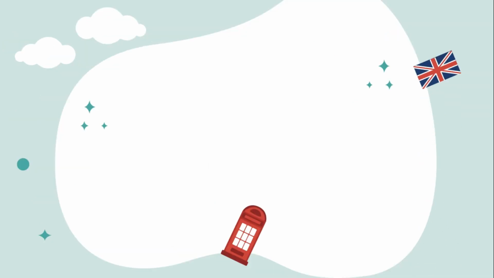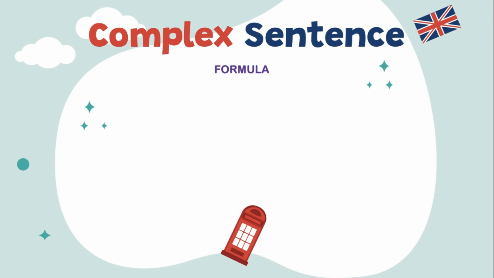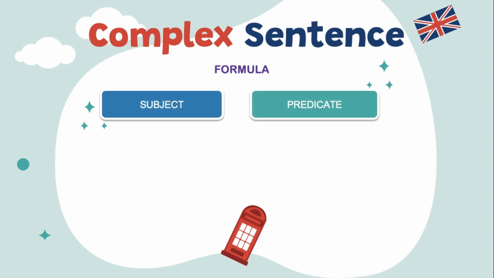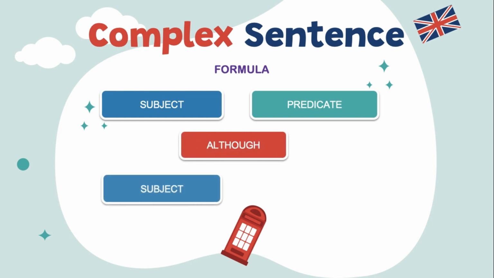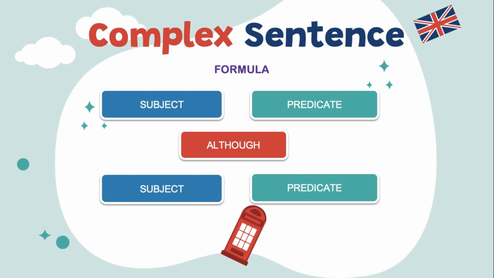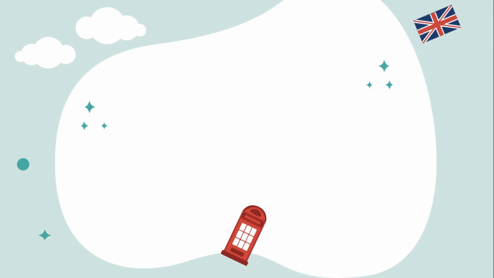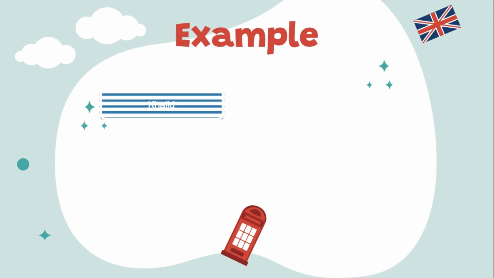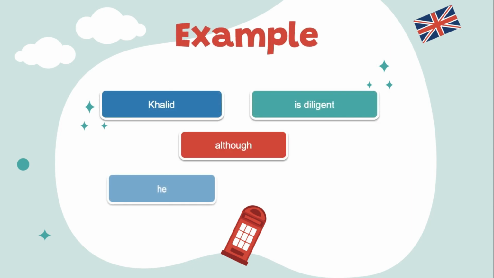The next part is the complex sentence formula. We have a subject, a predicate, a subordinating conjunction, and another subject and predicate. Alright, okay. Well, so let's see an example of a complex sentence.